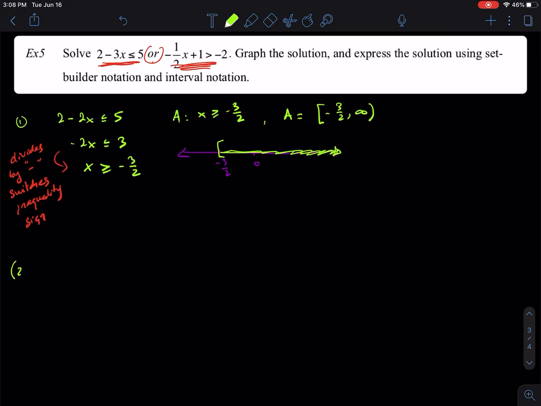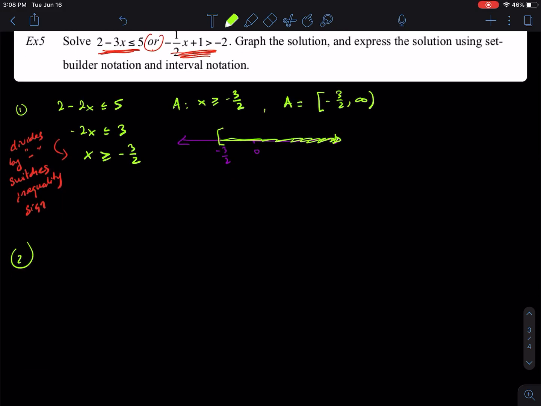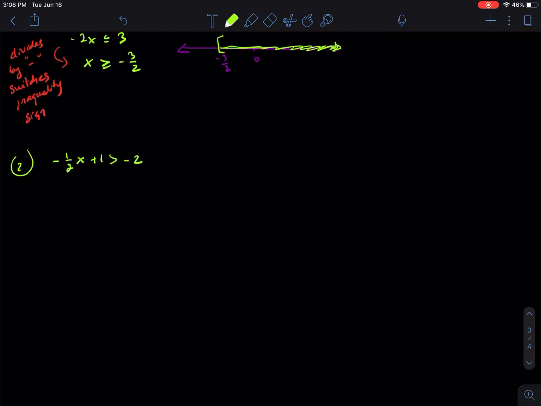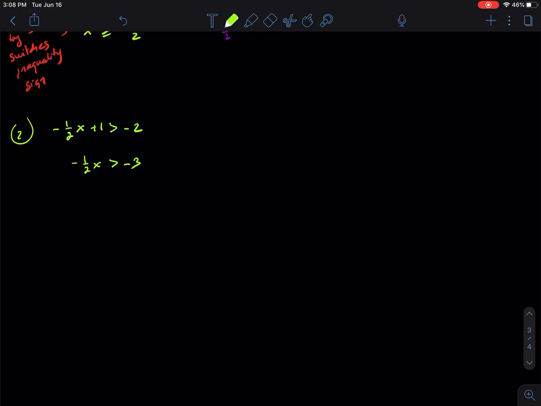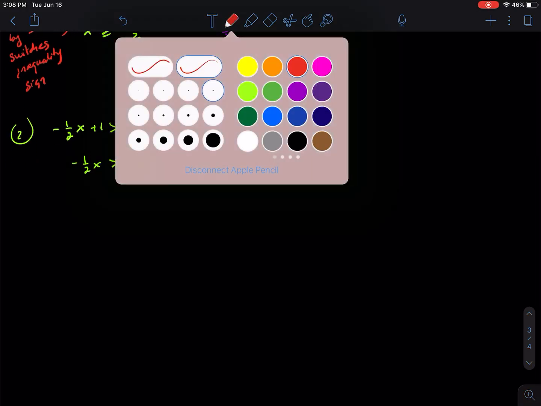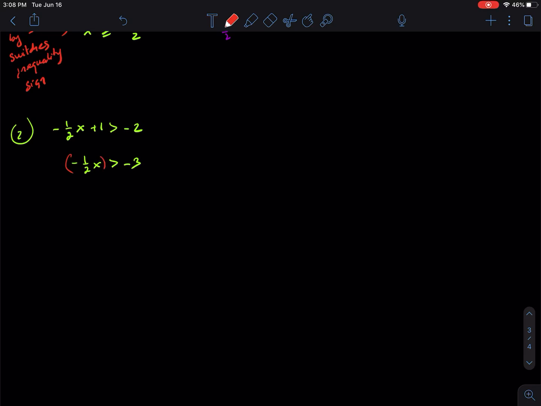Our set B is negative 1/2 x plus 1 greater than negative 2. We're going to solve for x. Subtract 1 from both sides, so we get negative 1/2 x greater than negative 3. Now we multiply both sides by the reciprocal, which is negative 2 over 1.